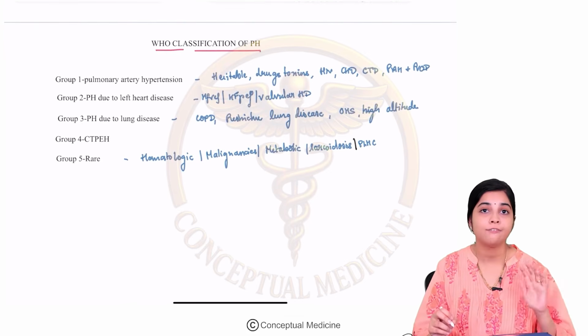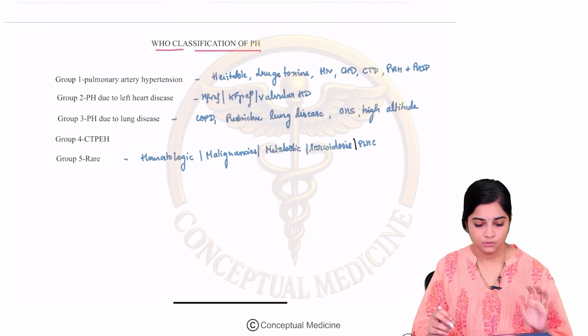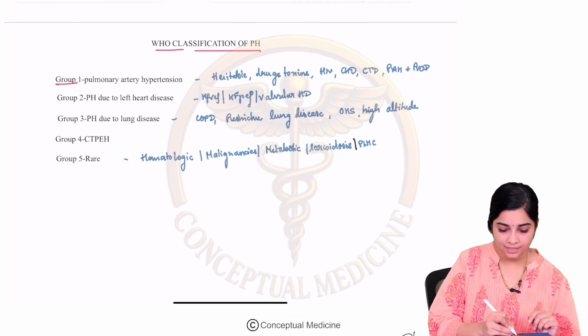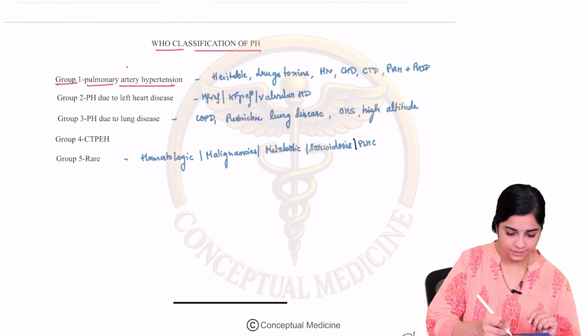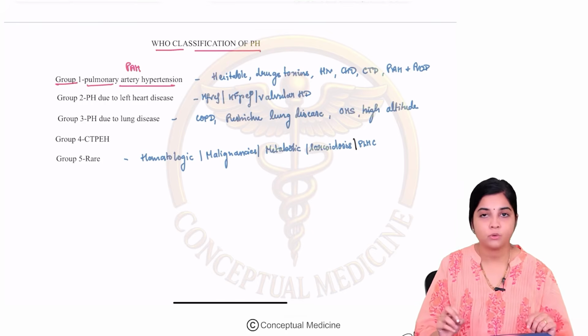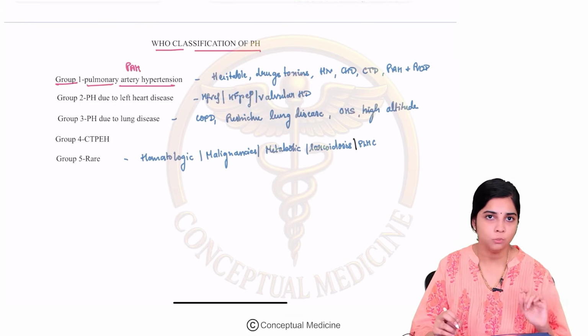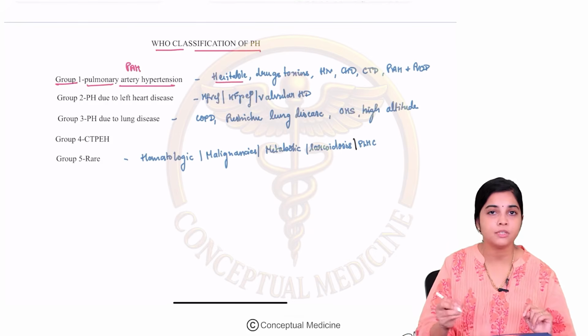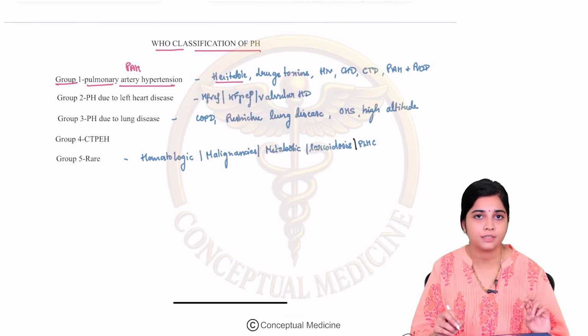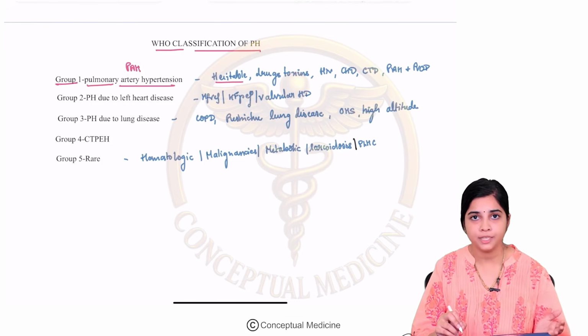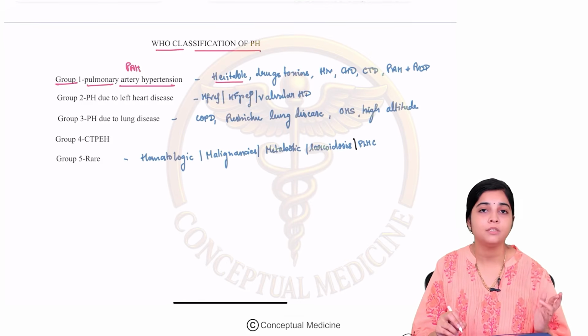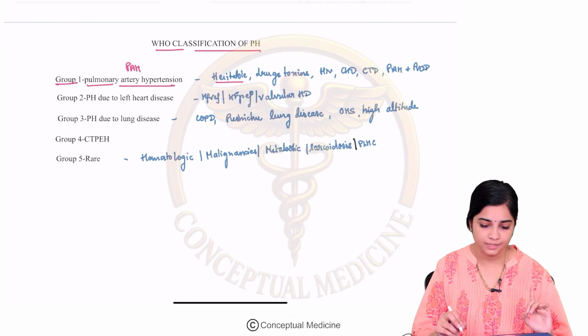Now let us move on to the WHO classification of pulmonary hypertension. We have 5 groups. Group 1 is pulmonary artery hypertension or PAH. What are the disorders which come under group 1? This includes heritable causes. We had seen a lot of genetic factors in the development of PAH, so all forms of heritable, idiopathic or genetic cause of PAH is group 1 PAH.